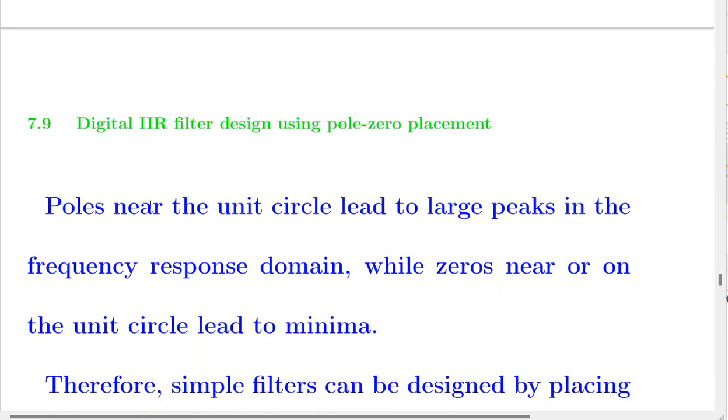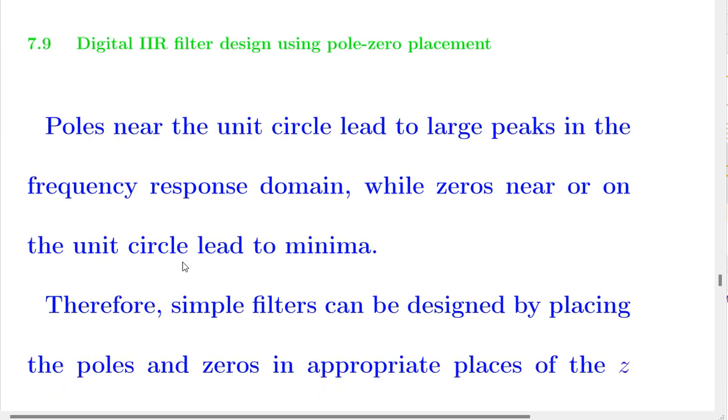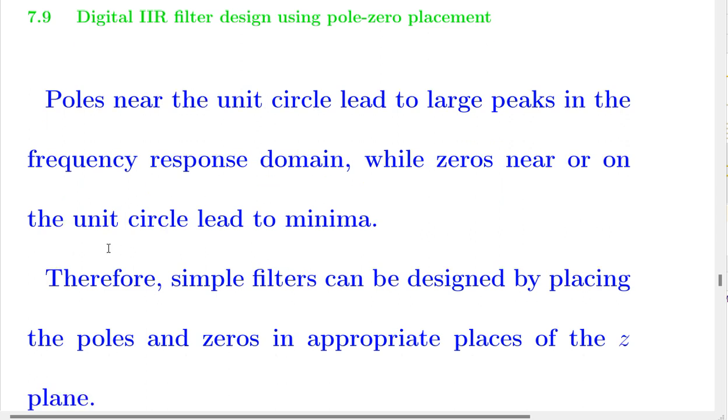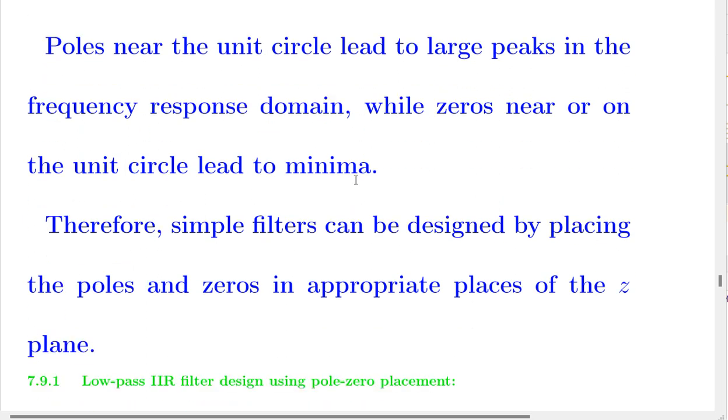Now, digital IIR filter design using pole zero placement. Just show your power of design here. Okay? Poles near the unit circle lead to large peaks in the frequency response domain, while zeros near or on the unit circle lead to minima.